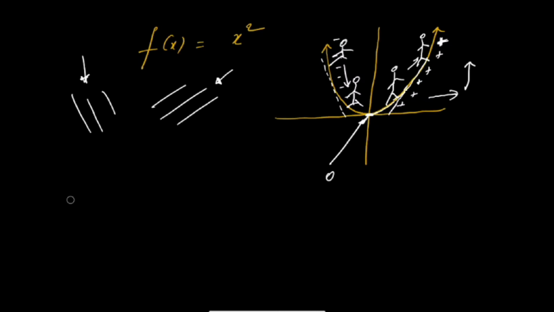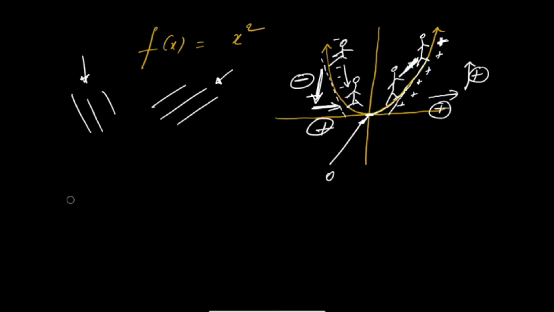Change in x is positive, but change in y is negative. So what is delta y by delta x? Negative by positive. So you will have negative slope there.